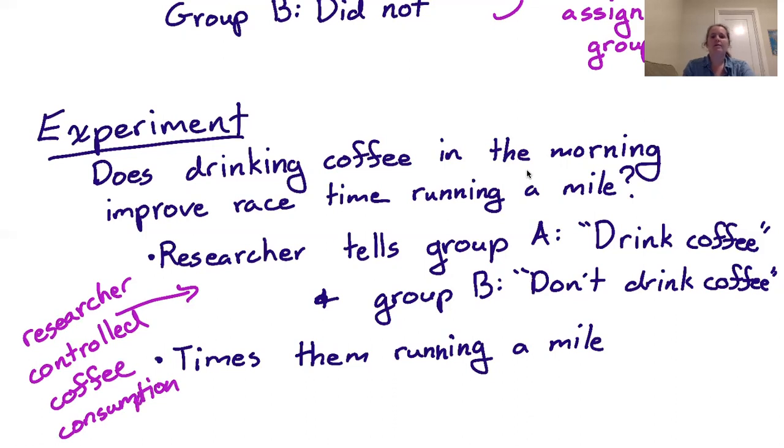So this is the experiment. The researcher had control over who received the treatment, which was in this case drinking coffee. Whereas in the observational study, the researcher just asked who had had coffee. The researcher had no control. So this is observational studies versus experiment.